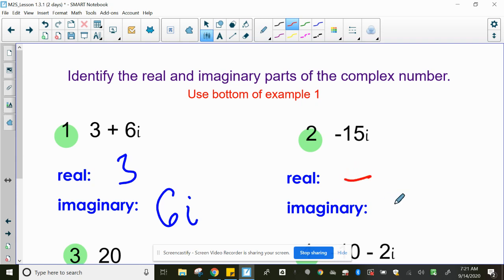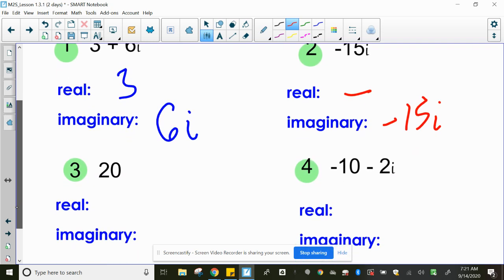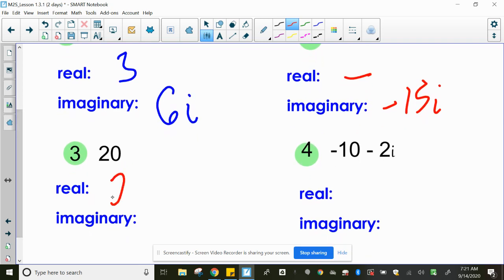The imaginary component, -15i. Versus if our expression was just 20, the real component would be the 20. Imaginary component, we don't have one. Or in 4, real component, -10. Imaginary component, -2i.